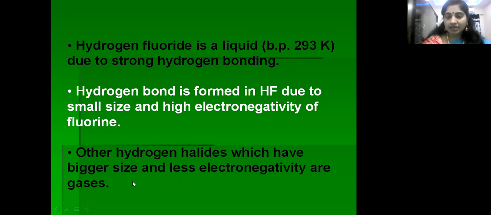HCl is a gas, okay? So though HCl has more molecular mass, it exists as a gas, whereas HF is a liquid because it has intermolecular hydrogen bonding. Why does it have hydrogen bonding? Because fluorine has small size and high electronegativity.